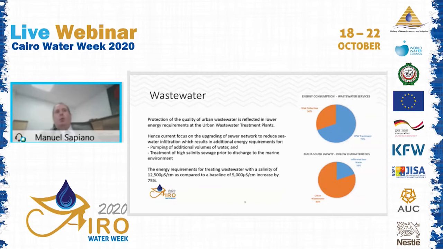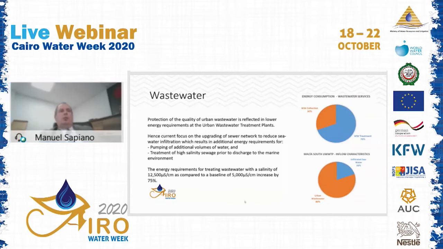It is an environmental obligation because we want our waters to be clean, but this once more comes at a cost, and it has an energy consumption, particularly wastewater treatment. If we look at the wastewater sector, the treatment plants consume around 70% of the energy, whilst the collection of wastewater in the sewer network consumes the other 30%.